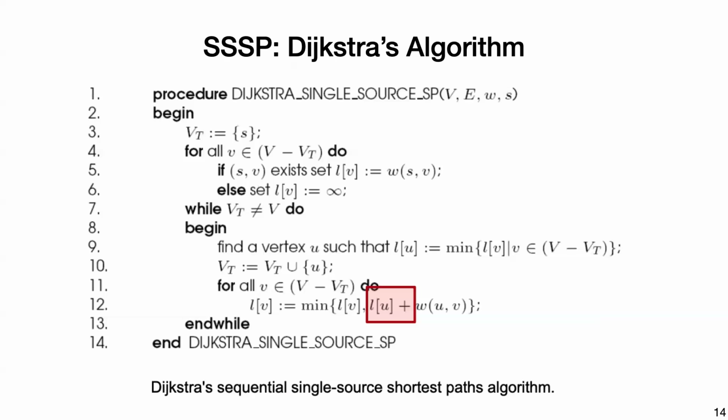Then for all vertices that are not yet marked, you take the min of what is currently in L of v and the relaxation, L of u plus the weight of uv. L of u is the current shortest path from the source vertex to vertex u, and the weight of uv is the new edge that you may have gotten from u to v. If that new path is shorter than what was currently there, then you just update the path. That's it.